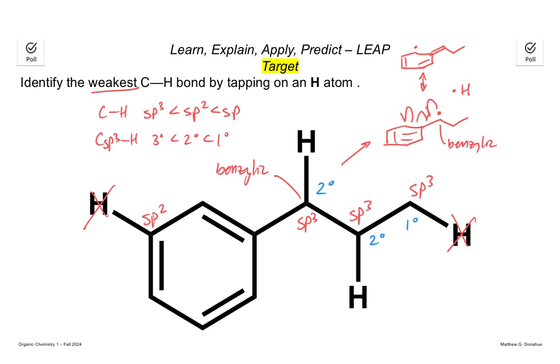For now, I would say the special ones will be benzylic and allylic. Benzylic is next door to the aromatic ring, and allylic is next door to an alkene. Remember, it's the carbon that's bonded to that.